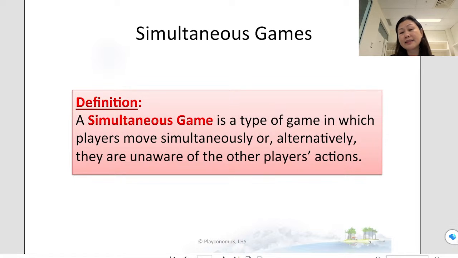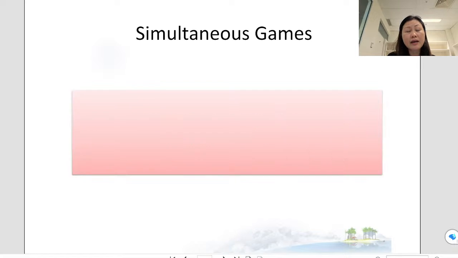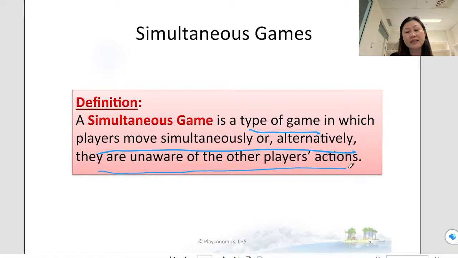A simultaneous game is defined as a type of game in which players move simultaneously or alternatively, and they're unaware of each other player's actions. So I was talking about this game with the students in the lectures that I was playing at home with my kids, and we had to count 1, 2, 3, and then we had to either sit or stand.